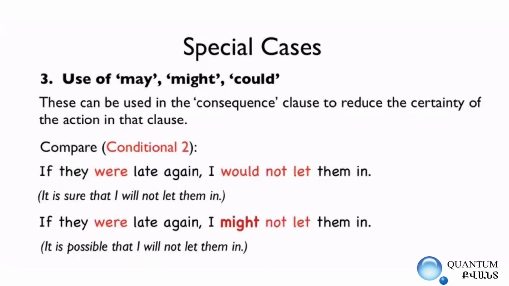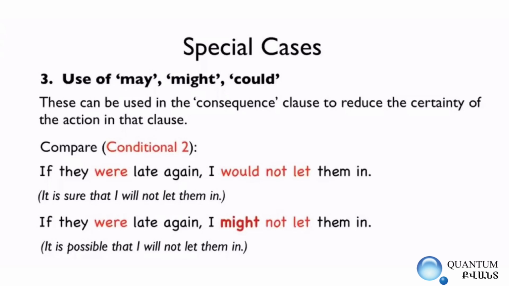Now let's have a look at the usage of may, might, and could modals in a second conditional. So again, this can be used in the consequence clause to reduce the certainty of the action in that clause. So let's compare. If they were late again, I wouldn't let them in.